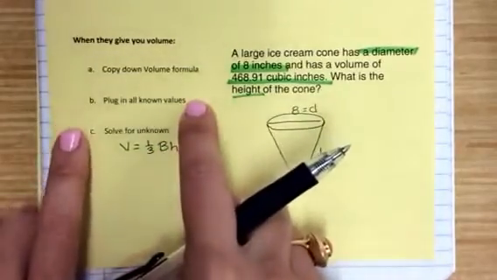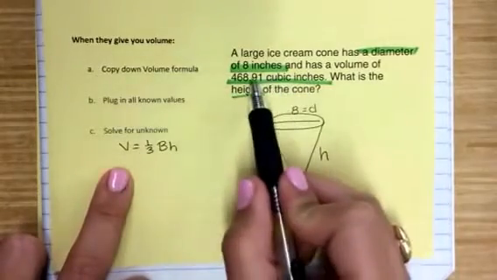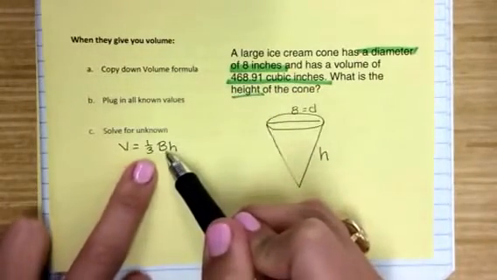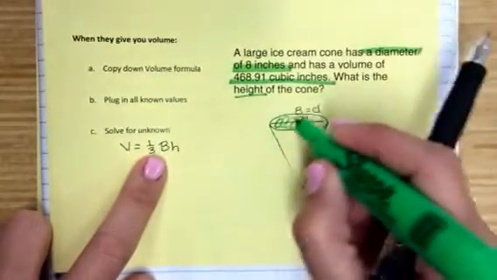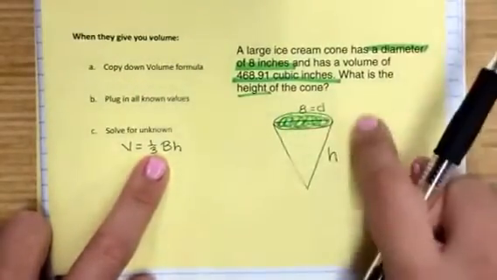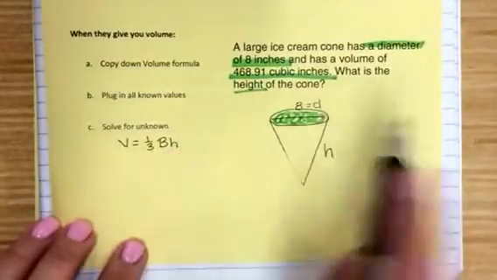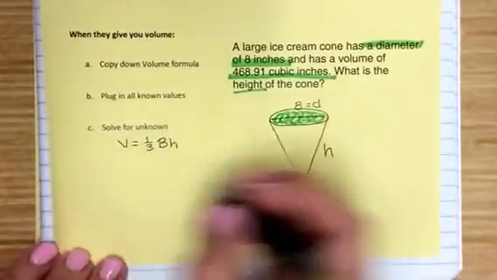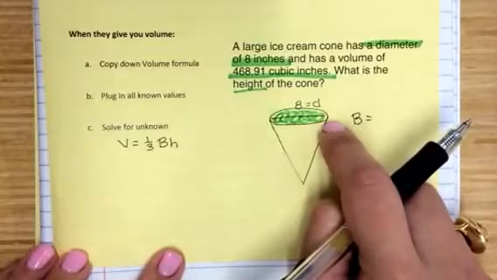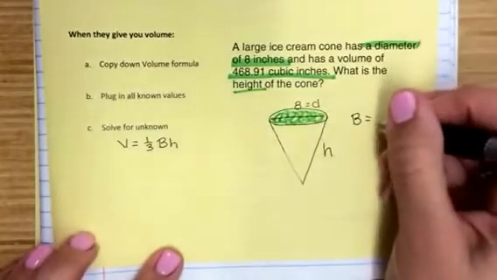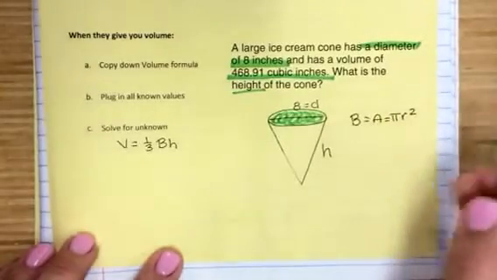Plug in all of your known values. So let's see, I know volume. They give me volume. I have the 1/3. Area of the base, that's for my circle. And I do have information there, so I can figure that out. H is what I cannot figure out. So let's go ahead and figure out capital B. Since the base of a cone is a circle, I'm going to use the formula for area of a circle.